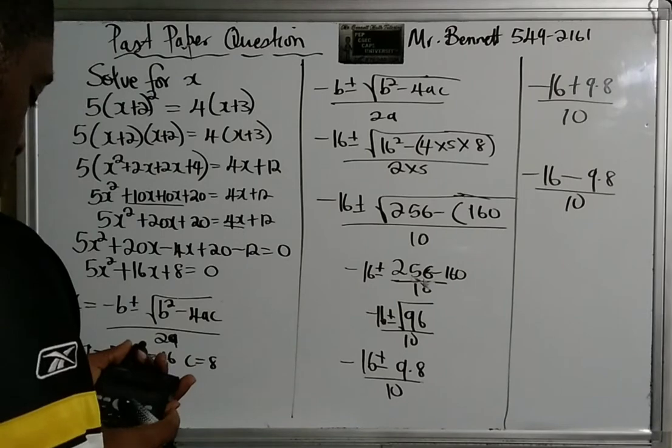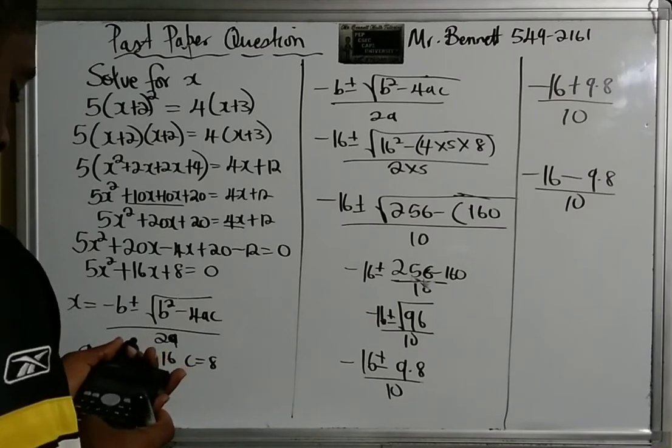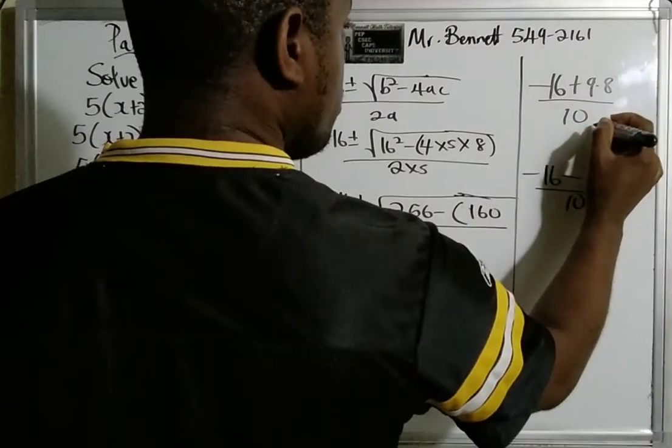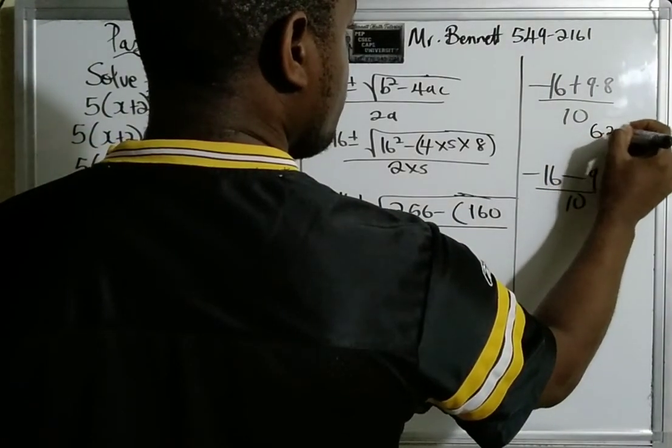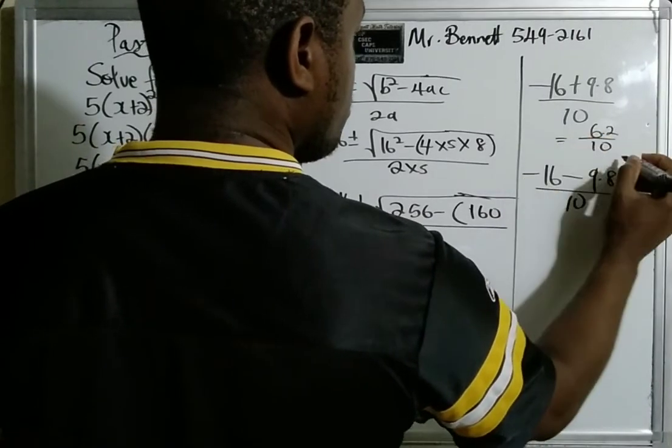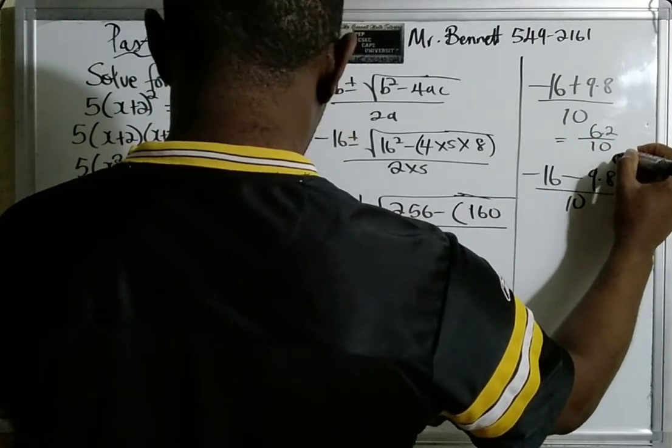Negative 16 plus 9.8, I'll use the calculator, is negative 6.2. Negative 6.2 divided by 10 is equal to negative 0.62.